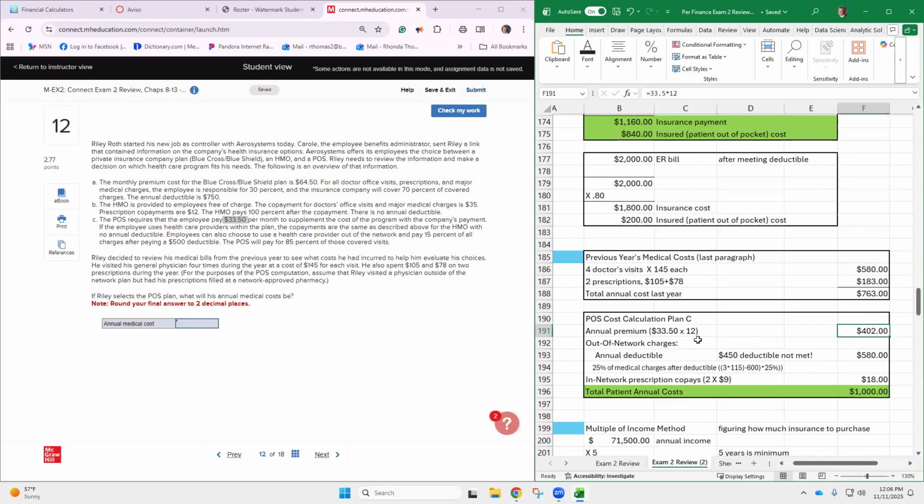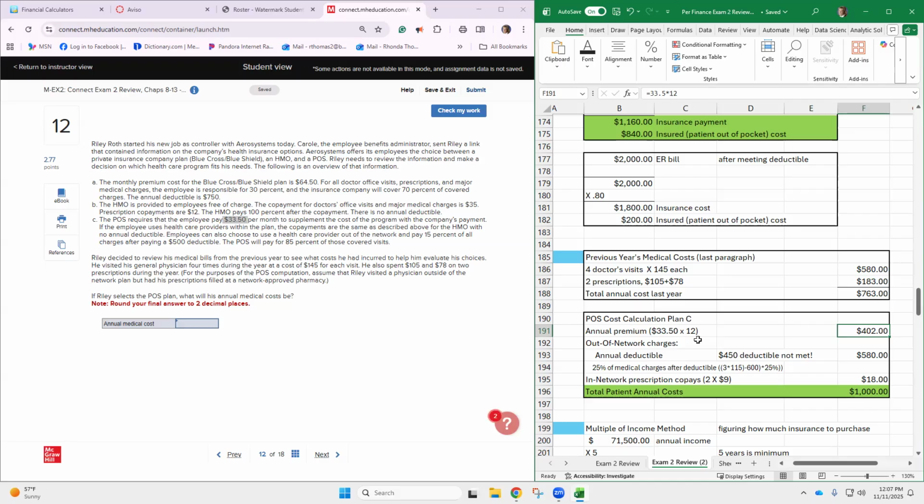Okay, now here comes things that get kind of weird. So what they said was that once he has this plan, they can choose a provider in the network or out of the network. He said, what's the difference? It says that if the employee uses healthcare providers within the network, the copays are the same as the HMO above.